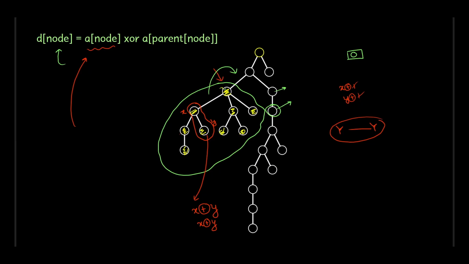The XOR for only one node can change, and that node is the one that crosses the boundary. So this is the subtree and this is the yellow node, and you can see that if the number written over here is A and the number written over here is B, then the d value for this node must have been previously A XOR B, but now it will be A XOR 1 XOR B.